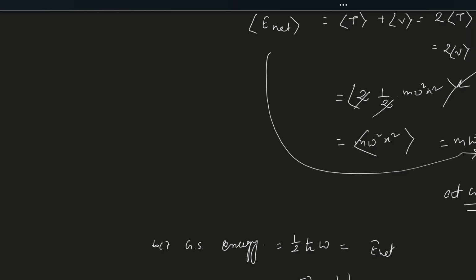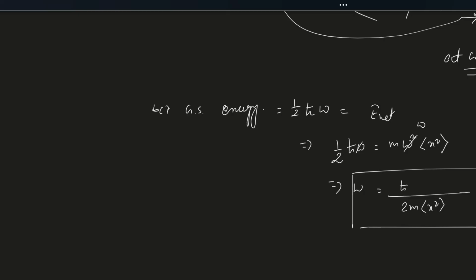So we have half h cut omega equal to m omega squared times x squared average. From here we will know what omega is. This omega cancels out, so omega is h cut by 2m x squared average. Now that you know omega, you can directly get the energy for the particle to be excited from the ground state to the first excited state, which is h cut omega.